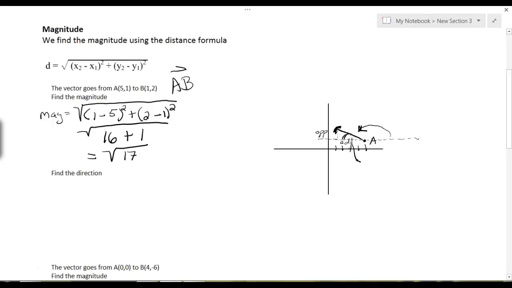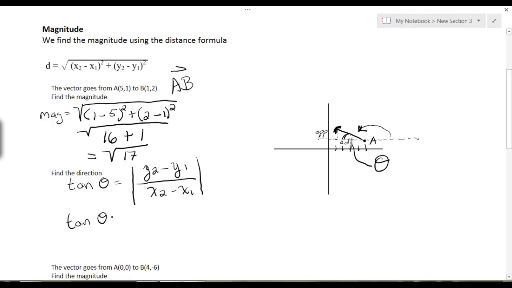I'm using the Greek letter theta because it ends up being used a lot when we're dealing with the direction of forces. So the tangent of theta equals, and if you remember, we use absolute value signs. In this case it's going to be the change in y, so y2 minus y1, over x2 minus x1.